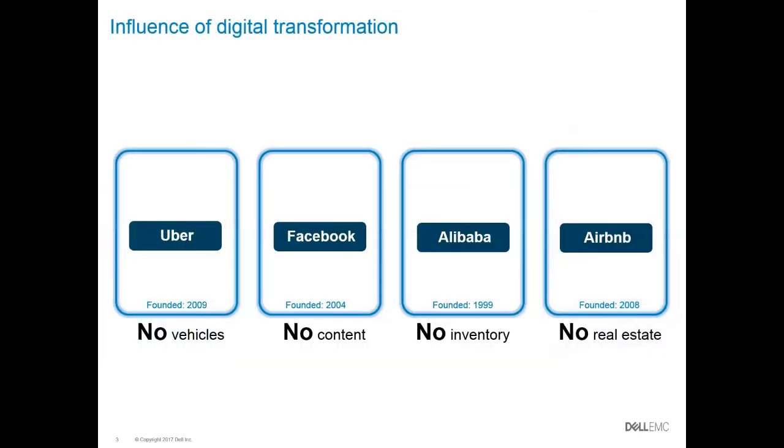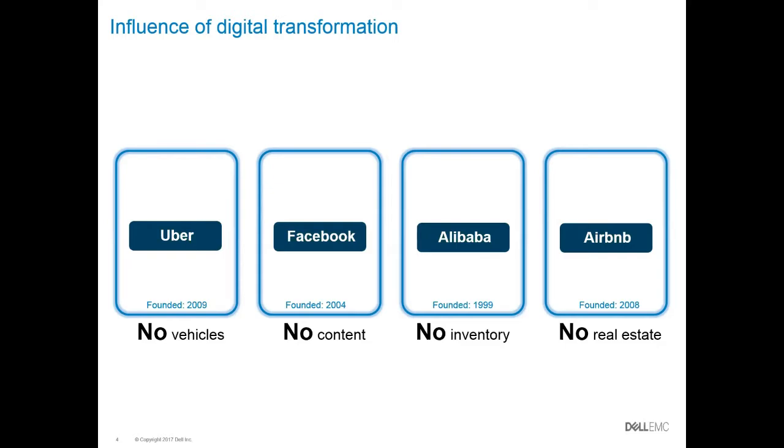Keeping in mind digital transformation, I'm going to quickly give you a few companies which are very popular in the digital domain: Uber, Facebook, Alibaba, Airbnb. There's something unique about these companies. They are not written here in a random way.